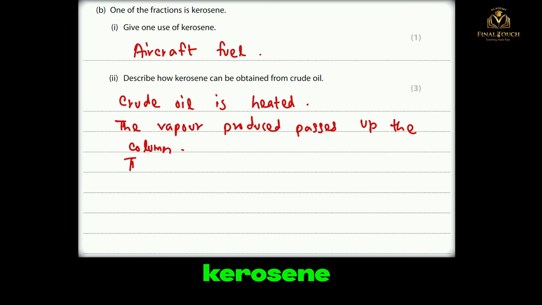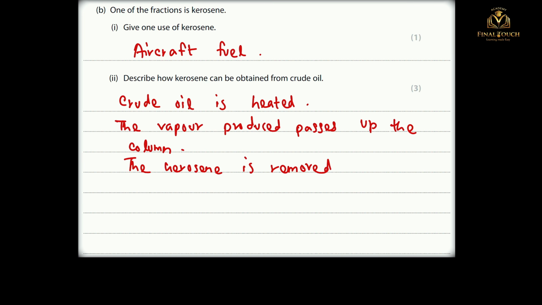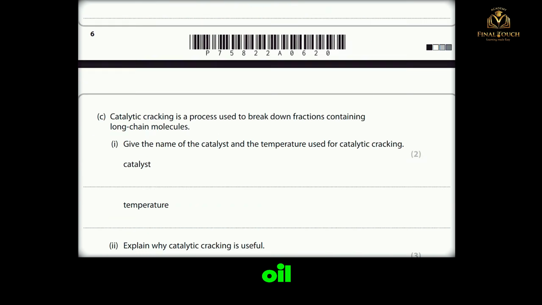The kerosene is removed as it condenses. So that's how we obtain kerosene from crude oil.